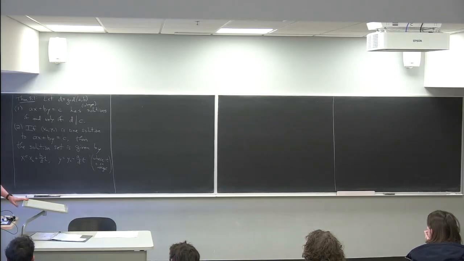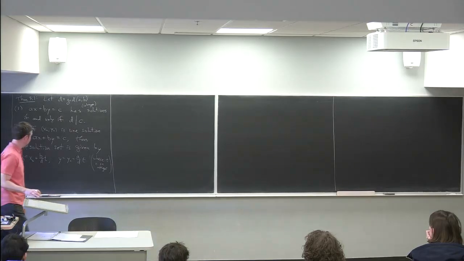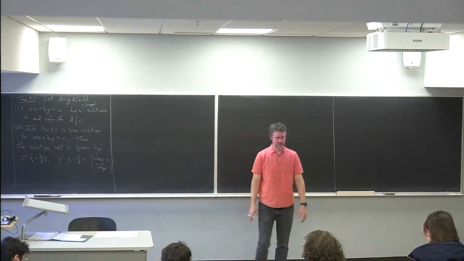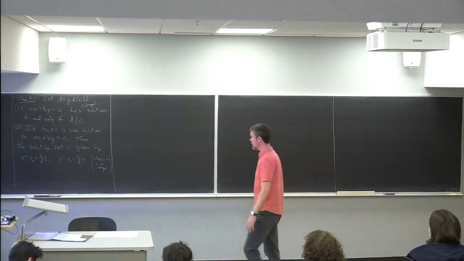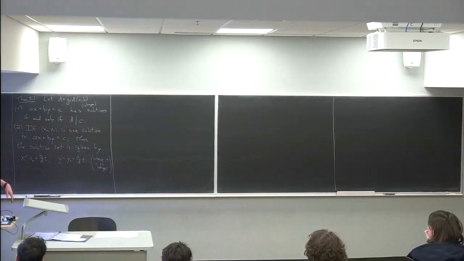Okay, we were a little bit in the middle of something. This is our main theorem about Diophantine equations. I stated it, and maybe it was a little bit shorthand, but just to remind you that everything's an integer here, and we're talking about solving these Diophantine equations with integer solutions. So integers x, y that satisfy them.